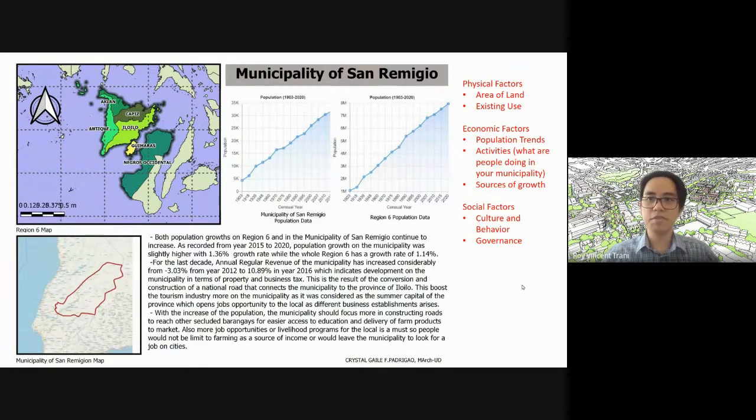So, physical factors, what we're looking at is Western Visayas, definitely Western Visayas. This is the municipality of San Remigio map, by Crystal Gale. Where is it on the regional map?